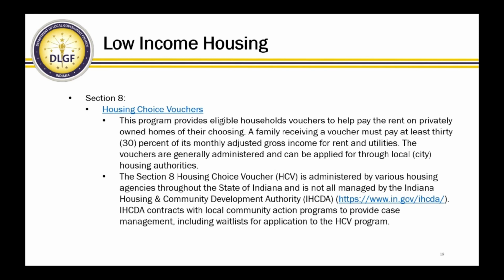A family receiving a voucher must pay at least 30% of its monthly adjusted gross income for rent and utilities. And these programs are generally administered through local or city housing authorities.